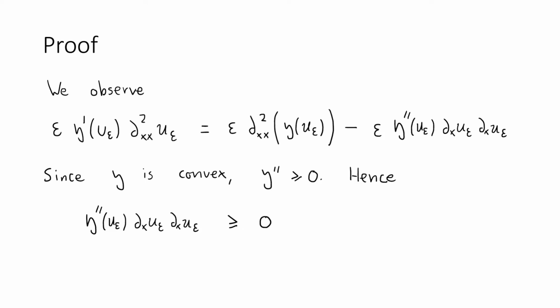But now, since η is a convex function, we must have that η'' is greater or equal to 0. Consequently, η''(u^ε) times ∂x u^ε times ∂x u^ε is greater or equal to 0, because we multiply this non-negative term η'' with a square. So that term certainly is greater or equal to 0. That term will be important in establishing the inequality in the notion of weak entropy solution.